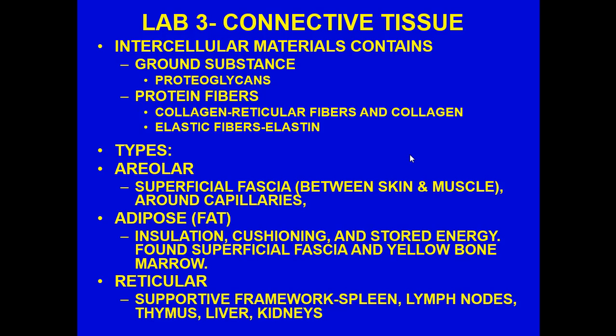Adipose, which is basically, yes, that's the fat that you see, but it's providing an important function physiologically. It provides for insulation, cushioning, and stored energy. It is also found in the superficial fascia, and it will be found also in yellow bone marrow. Now keep in mind, fat is stored energy in the sense that it can be liberated into fatty acids, put into the blood, and used by many cells for energy.